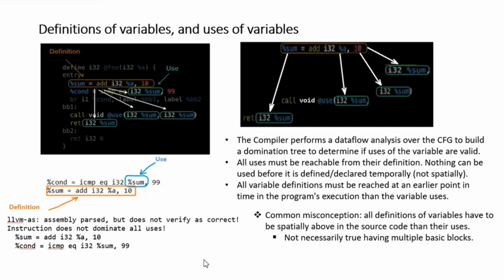It means that it is a parent node and it has a way of reaching all its possible uses. If it does not dominate all uses, then one of these links is cut. So the tree is broken. You will have unreachable nodes. So nothing can be used before it is defined or declared, temporally, not spatially.